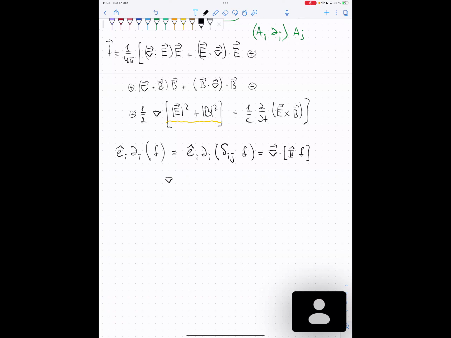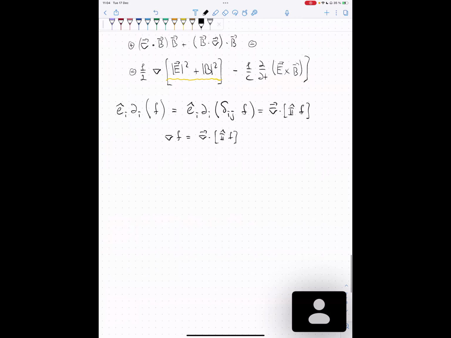So the gradient of some scalar function is the same as the divergence of the identity tensor and this scalar function. So we can rewrite this part as 1 over 2 gradient of the identity tensor multiplied by E squared plus B squared.